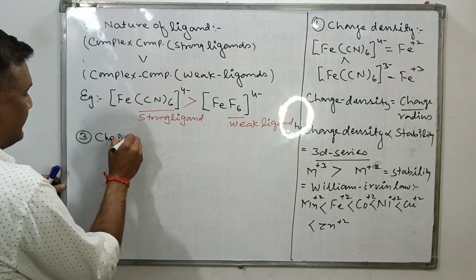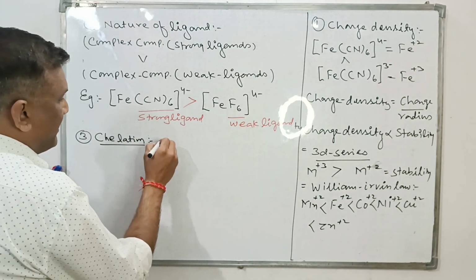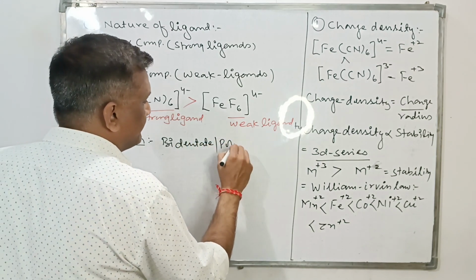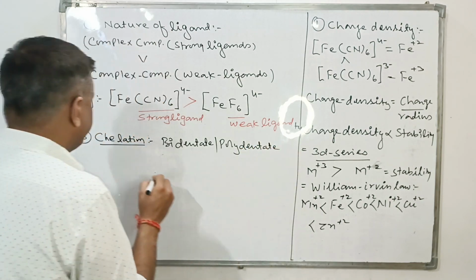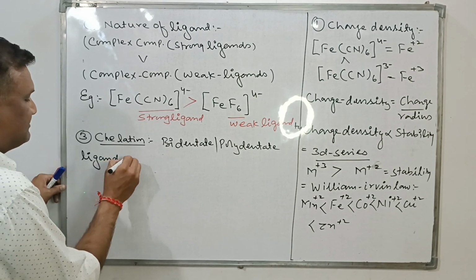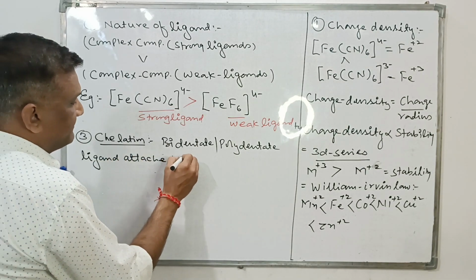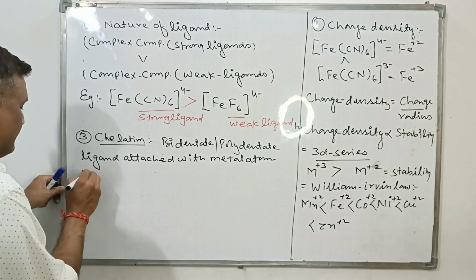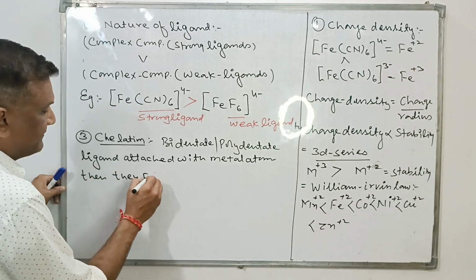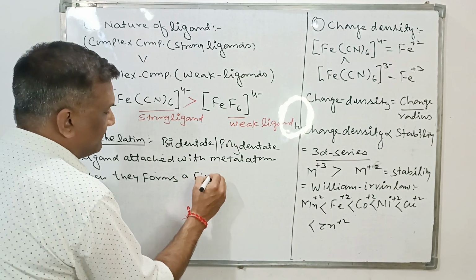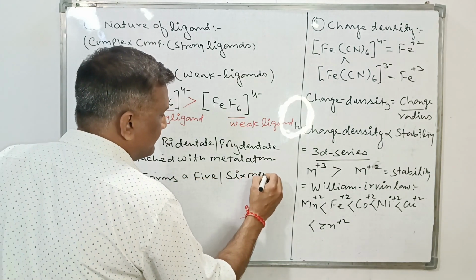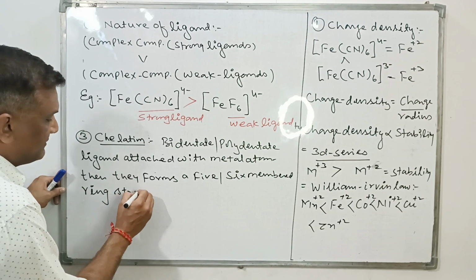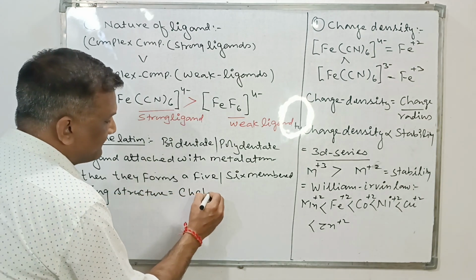Again I am repeating: chelation means when bidentate or polydentate ligands attach with a metal atom, they form a 5 or 6 membered ring structure that is called a chelate ring.